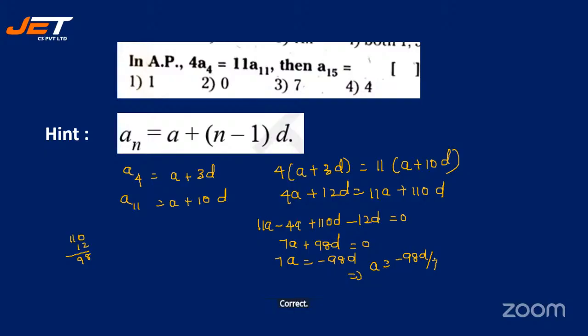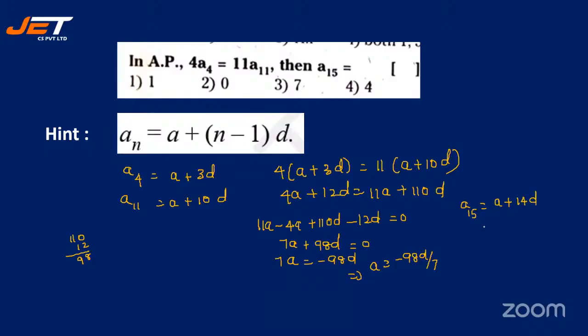So here the value of A will be, 7A is equal to minus 98D, A is equal to minus 98 by 7 into D. Isn't it? Right. So now with this, how do we find the value of A15? We get A plus 14D.